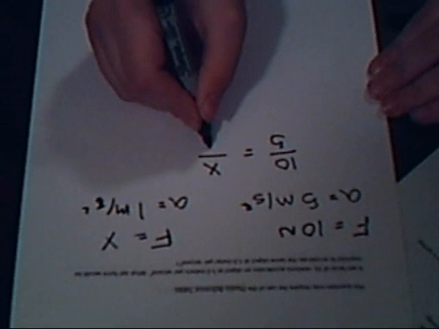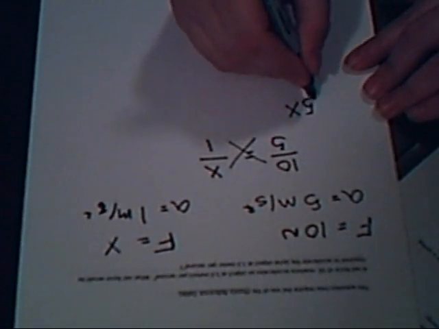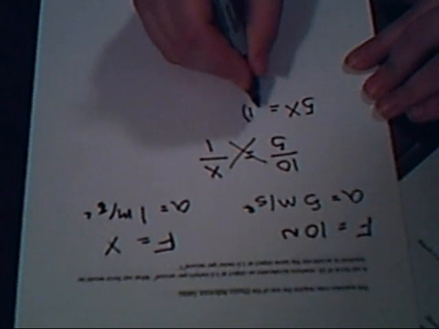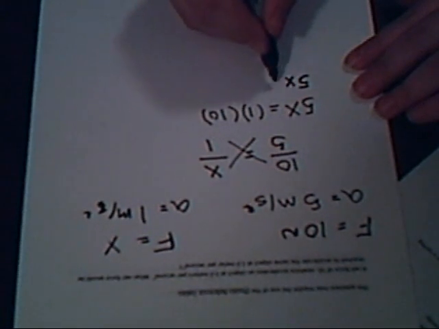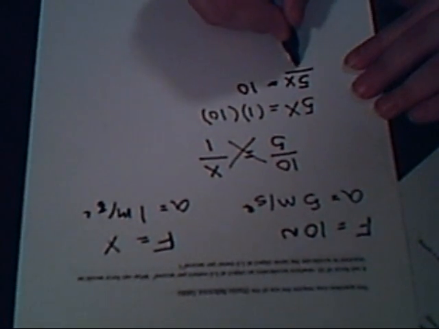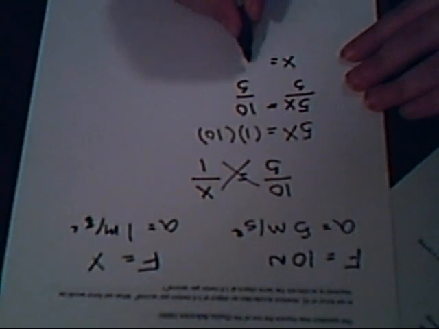And in this problem, you would set up a proportion. So 10 over 5 is equal to x over 1. You would then cross multiply. X times 5 equals 1 times 10, 5x equals 10, divide by 5, x equals 2.